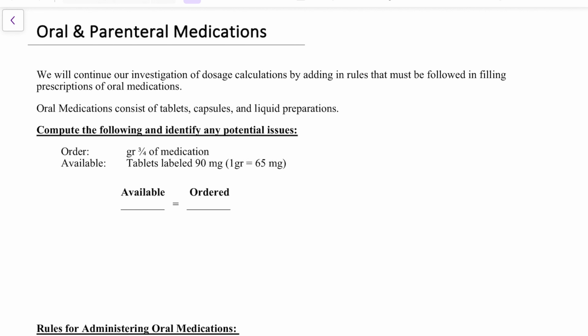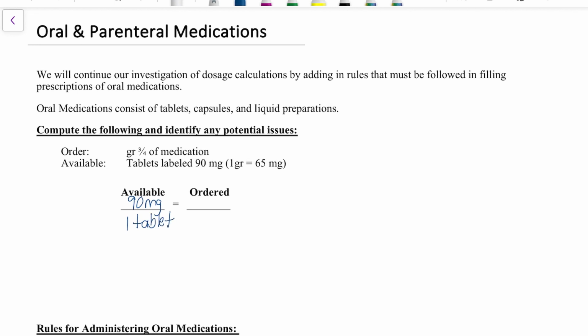If we're doing this in our ratio proportion method, with available on one side and ordered on the other, then on the first side, available to us is 90 milligrams in 1 tablet.